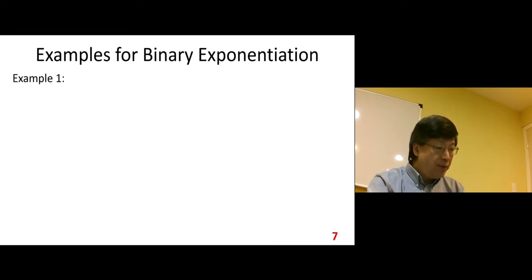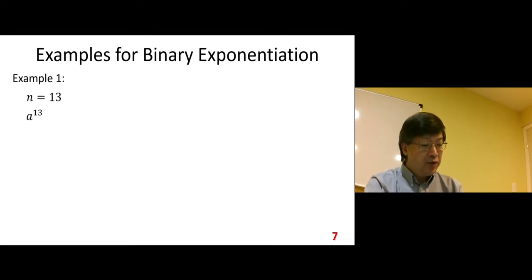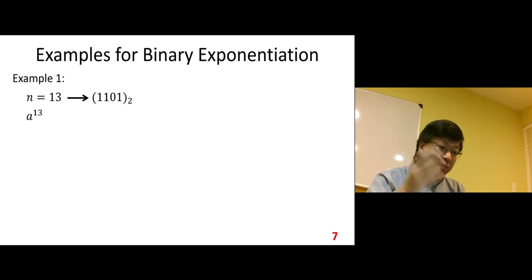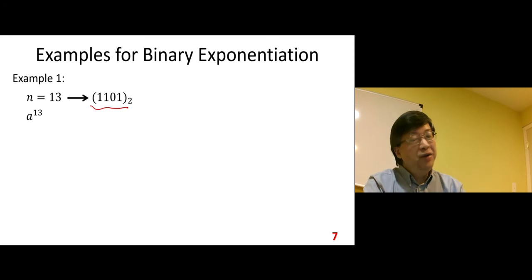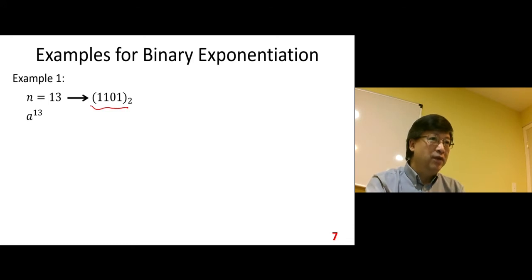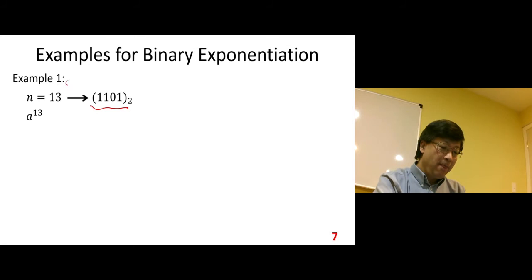Example 1: N equals 13, a to the 13th power. First, let's represent 13 as a binary number. I think you can do this conversion easily by yourself.